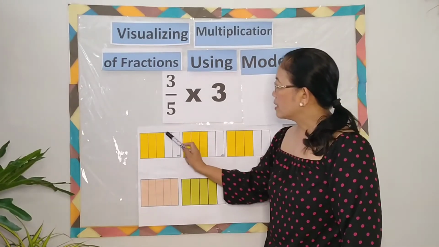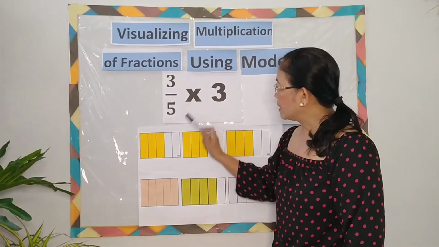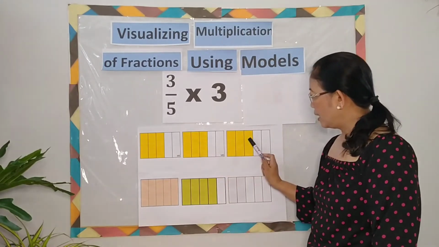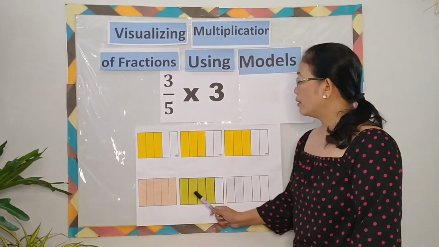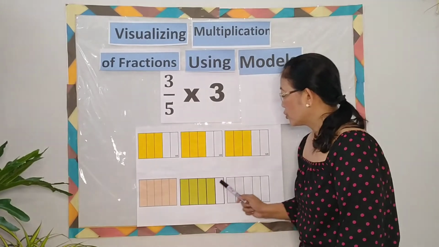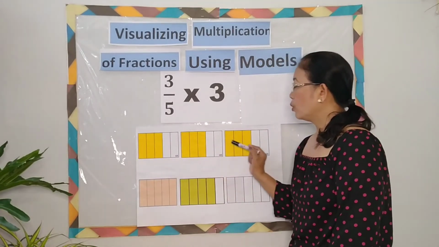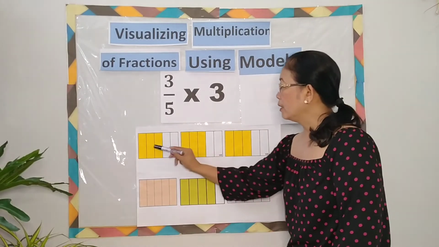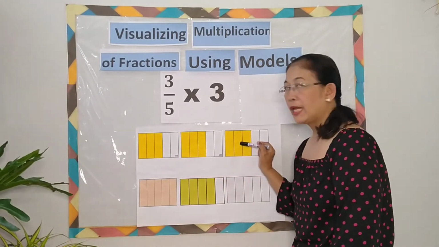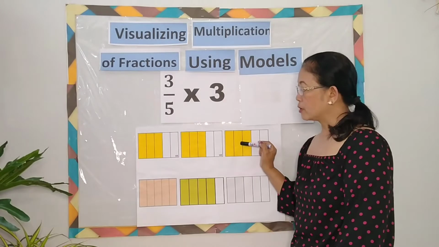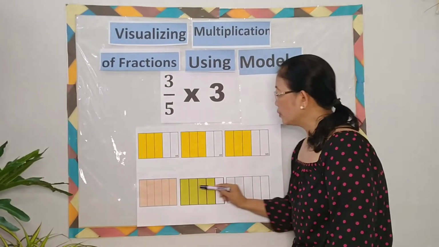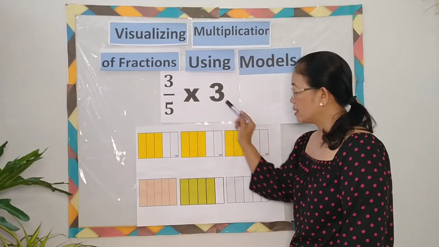This is 3/5 times 3. It will give you a result of this portion. If you count all the shaded parts here, it will give you 9 shaded parts. So this is the result of 3/5 times 3.